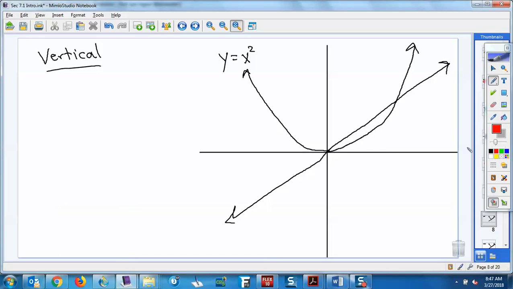Okay, so this is number 1 on page 420. It says, let R be the region between the curves y equals x and y equals x squared.